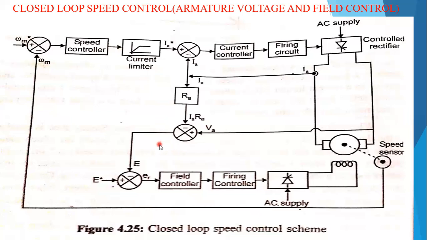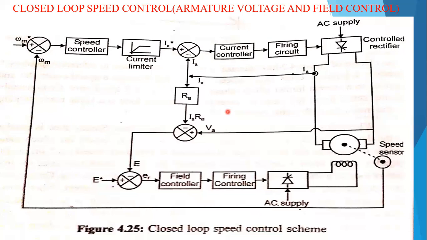And next, above rated speed. Let us now examine the operation above base speed. There are two operations. Below base speed is armature voltage control. Above base speed is the field weakening control method.